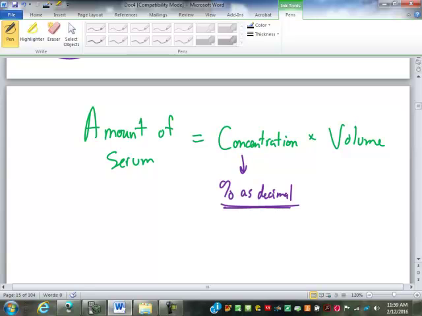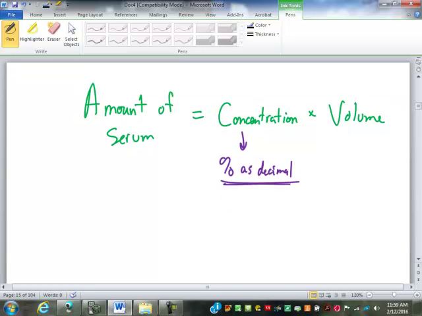Those of you that have had chemistry or physics, the whole idea of conservation of mass is true. Conservation of volume is not a scientific law. If I have 80 milliliters of water and I add to it 10 milliliters of salt, my final substance does not end up being 90 milliliters.